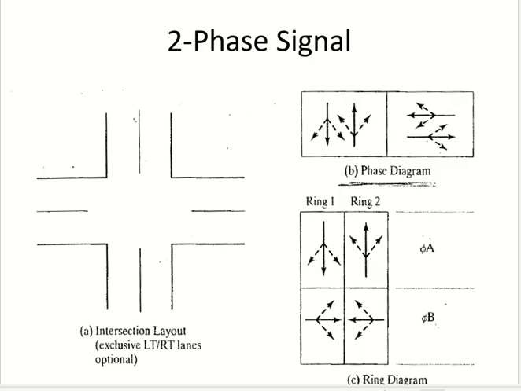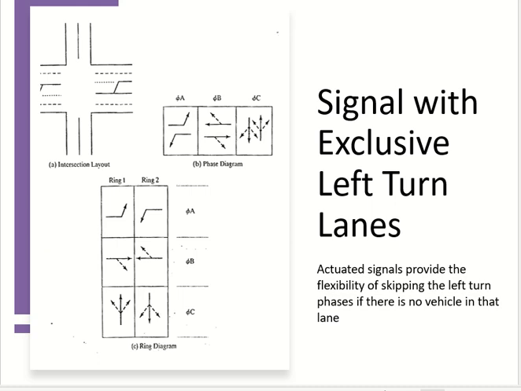Now, obviously, the dotted ones are permitted, so this can only happen in this way. We have only 2 phases for a 4-way intersection. It can only happen in this way.